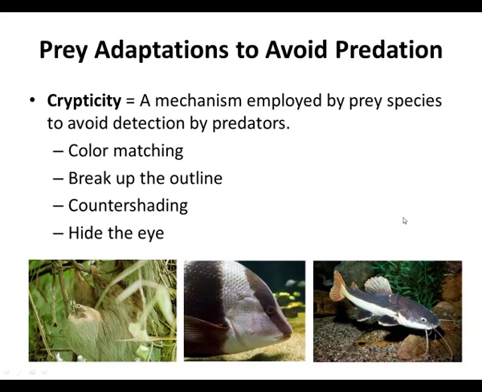So the predator is going to have a hard time locating this animal. And most predators are actually targeting the eye, because typically the eye is very close to the head. So if you strike the head, you can knock down your prey really easily. So if you hide the eye, like in this case, the predator will be confused.